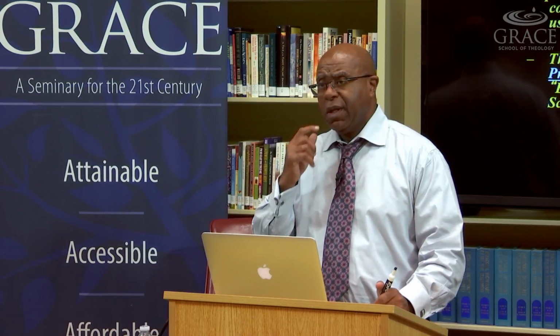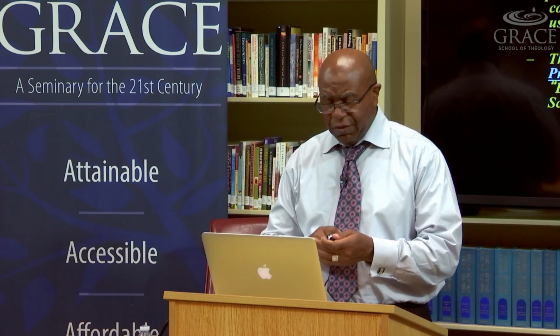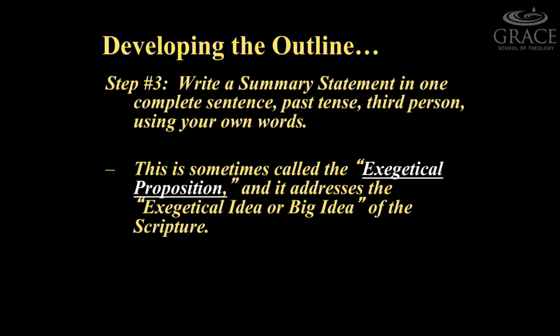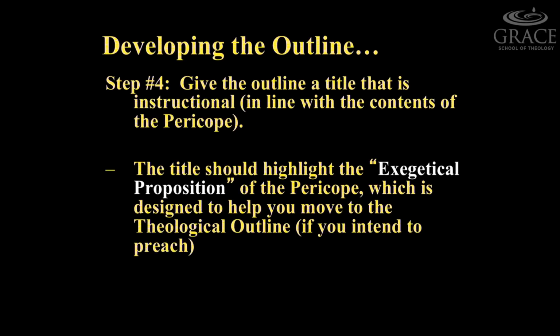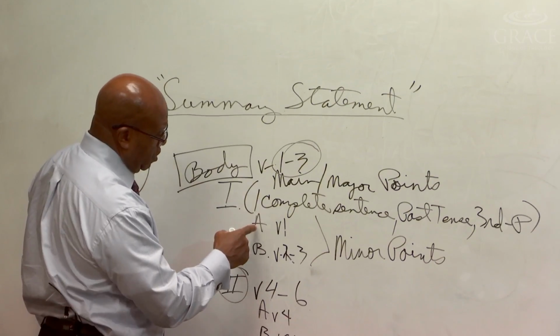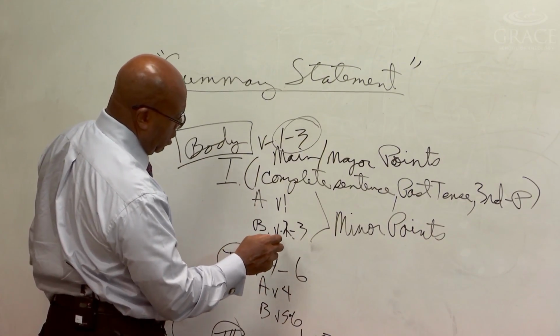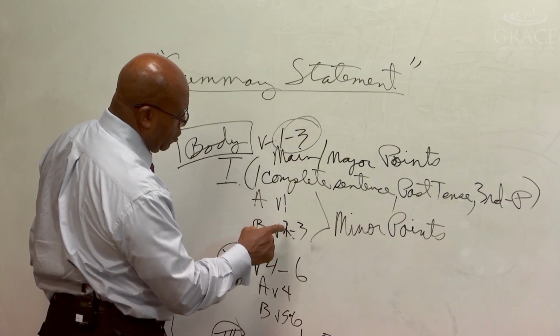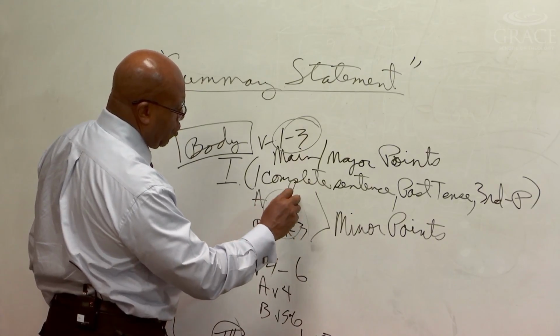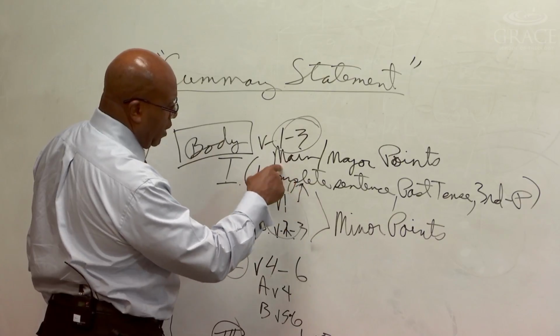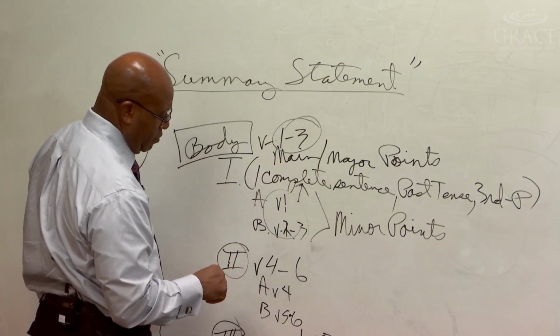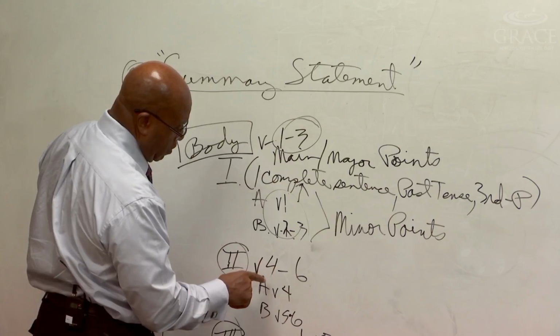And the summary statement, remember, is what you've been practicing from day one. One complete sentence, past tense, third person. All right? Now, what you have to remember is within each one of these sections, let's just say 1, 2, and 3, they have to tree up to this main or major point.